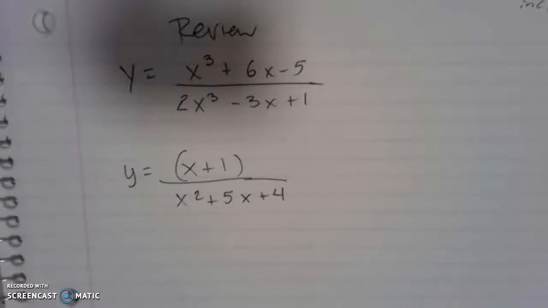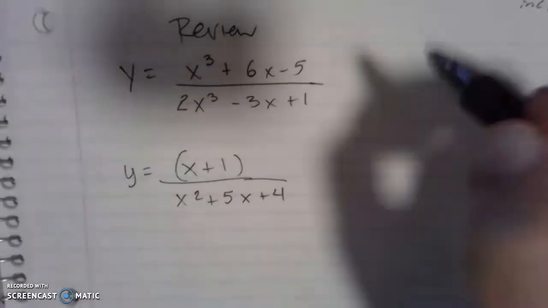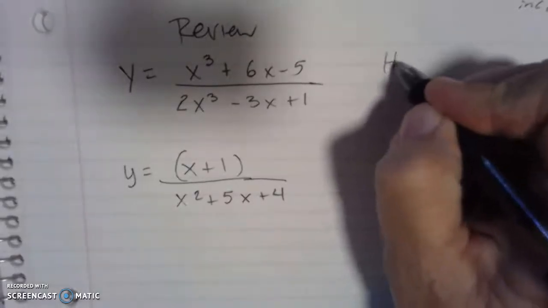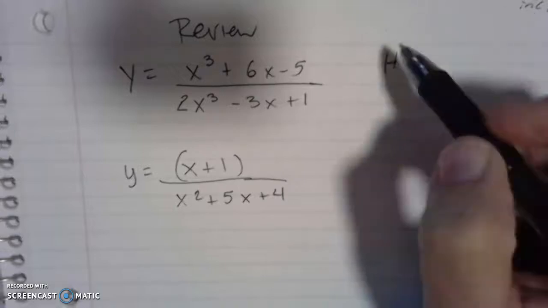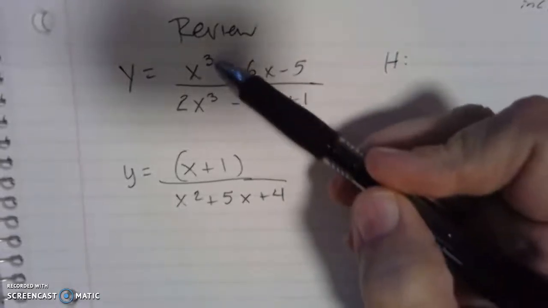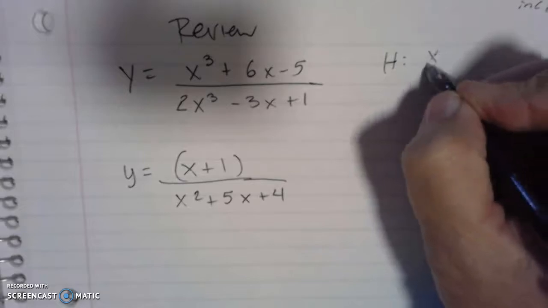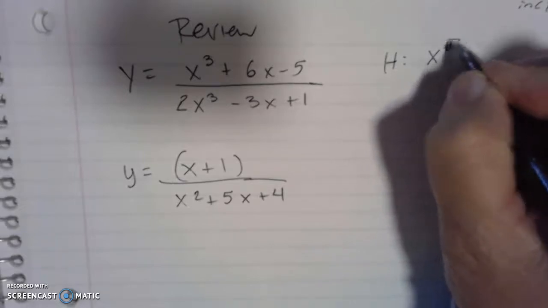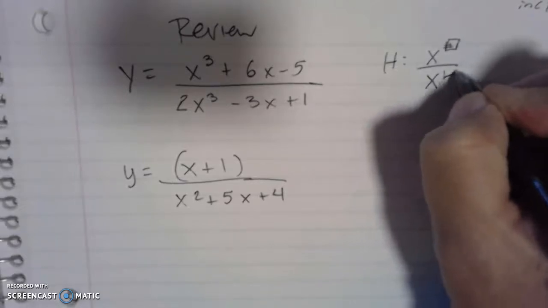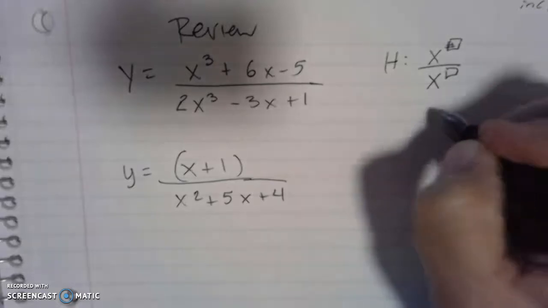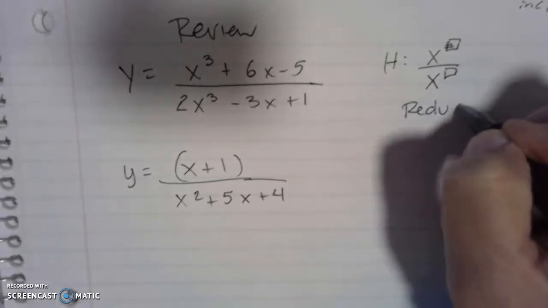This video is just to review a couple of concepts. The first one is horizontal and vertical asymptotes, including holes. So, horizontal asymptotes, just a reminder: if the degree is the same, so if we get x of the same power over x of the same power, you're going to reduce the leading coefficients.